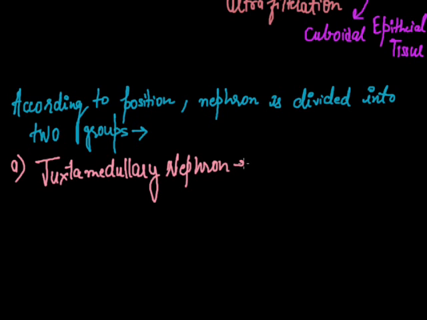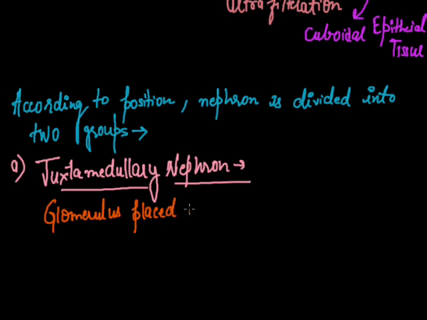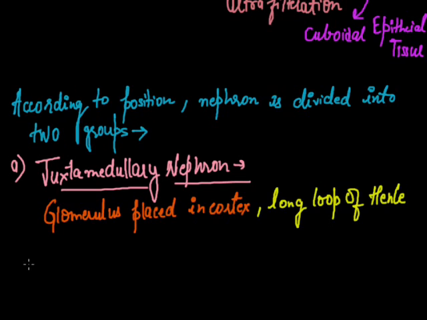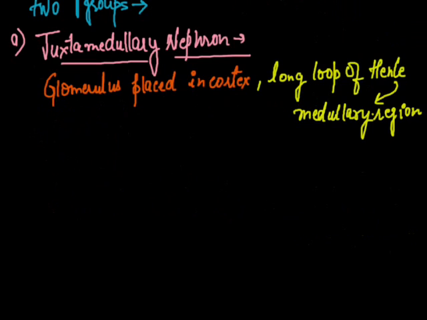As the name suggests, in these nephrons the maximum part will reside in the medullary region. The glomerulus is placed in the cortex, while they have a long loop of Henle, which is present in the medullary region, and they are associated with vasa recta.